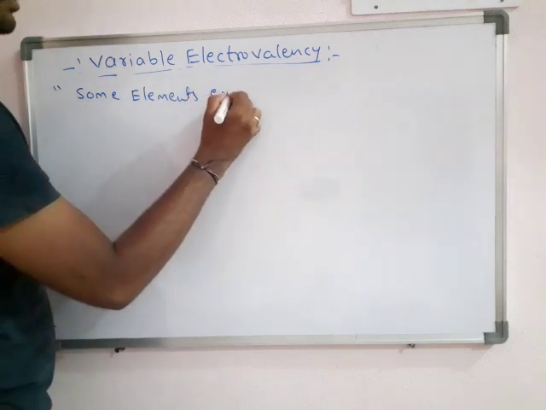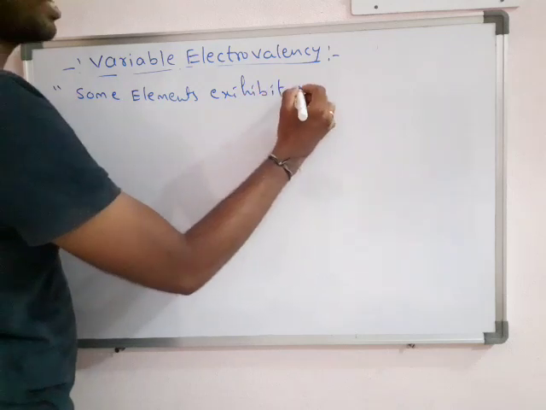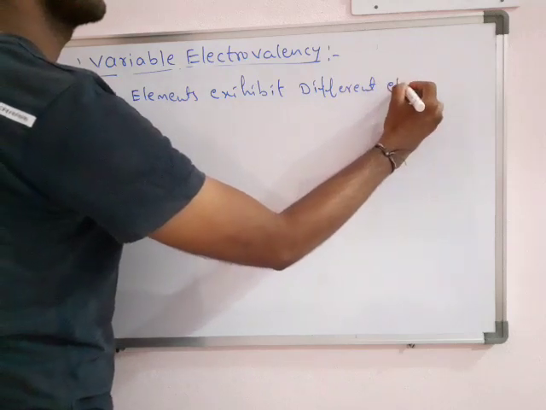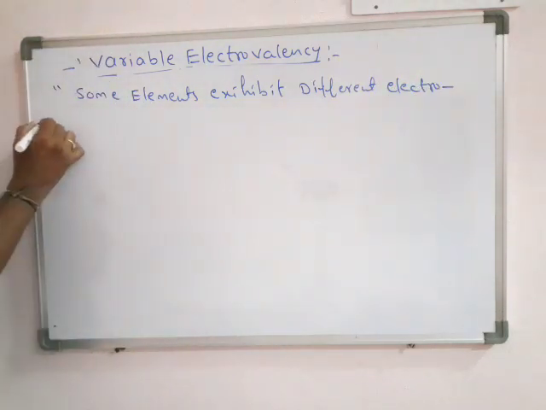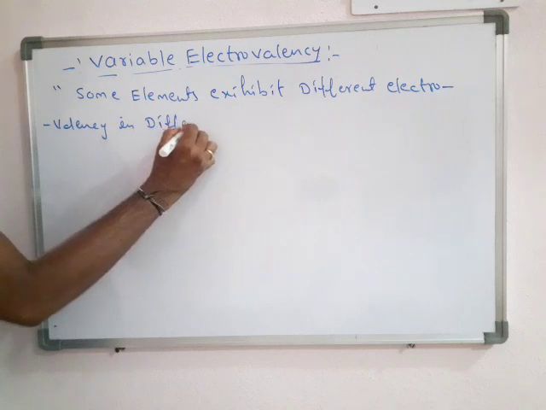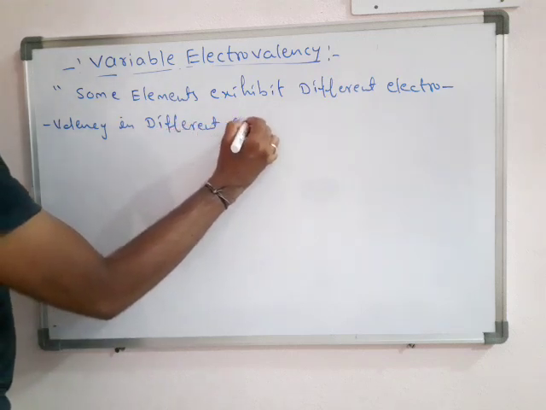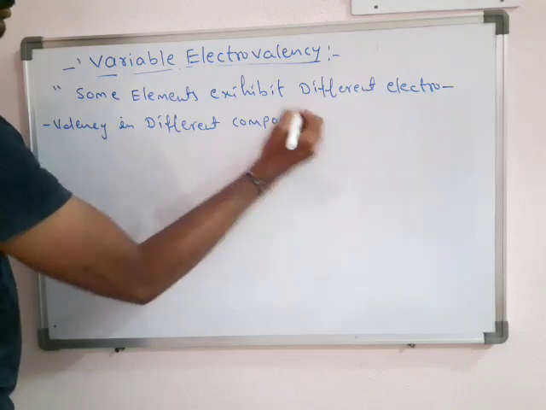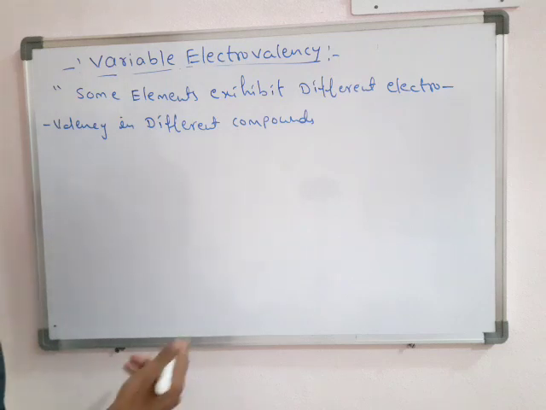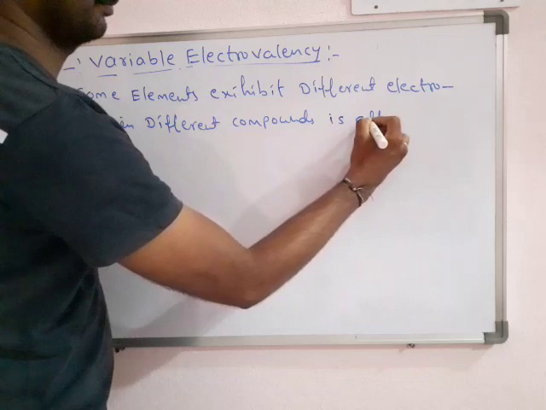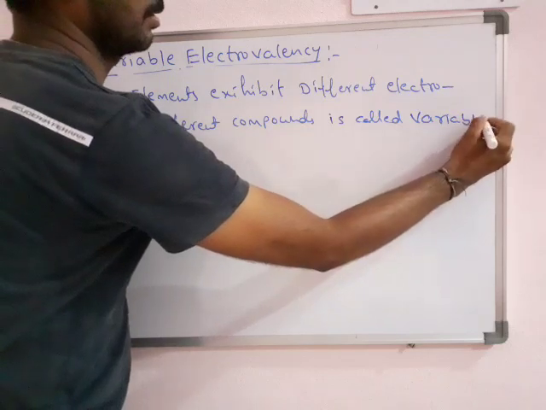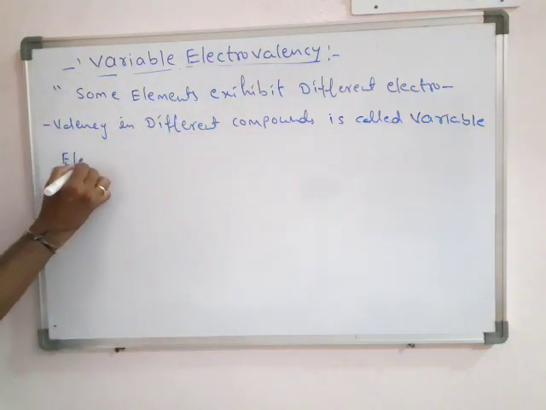Some elements exhibit different electrovalency in different compounds, which is called variable electrovalency.